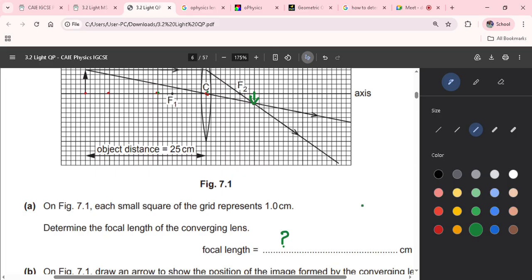I think it's not 10. From the center C to F1, how many grids is that?